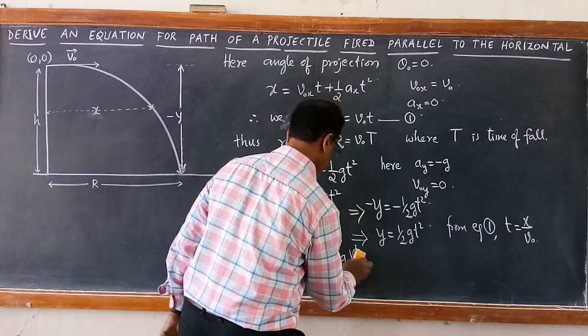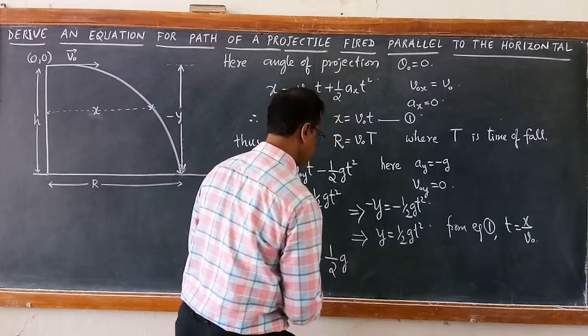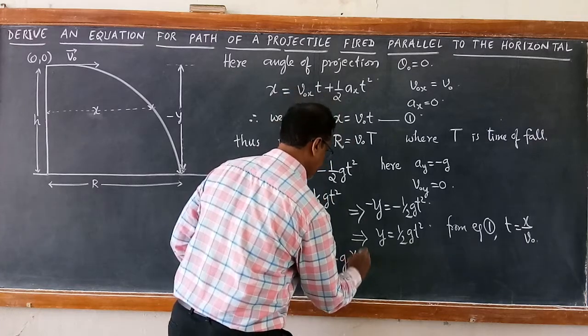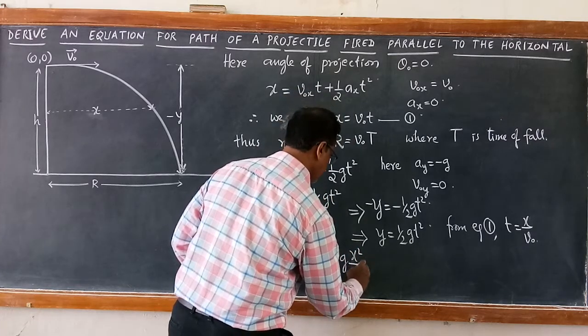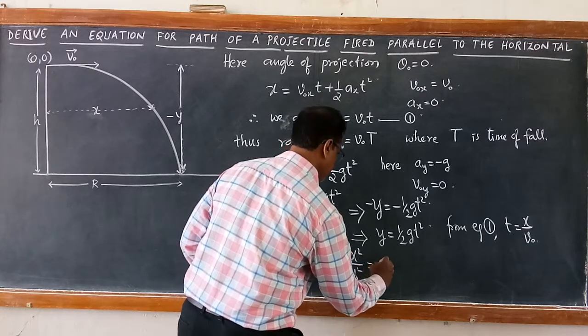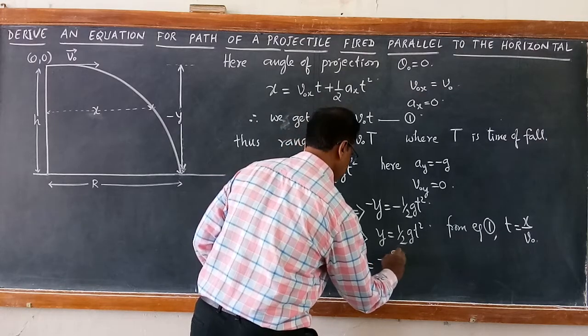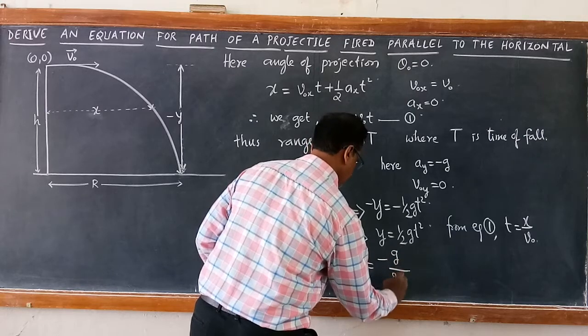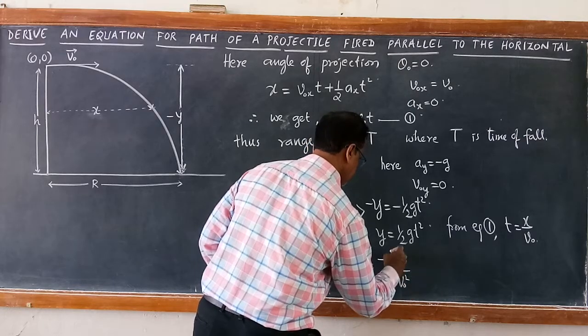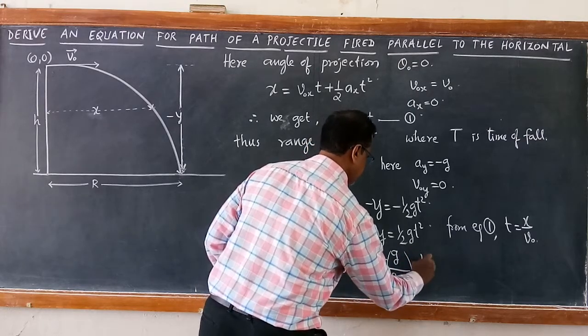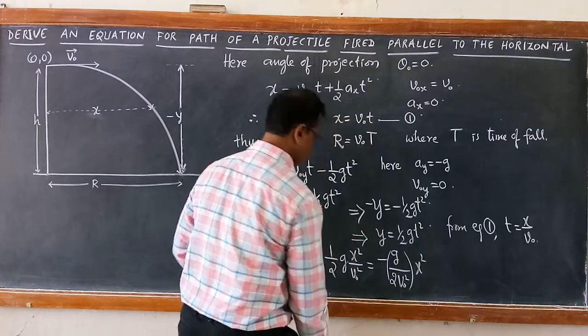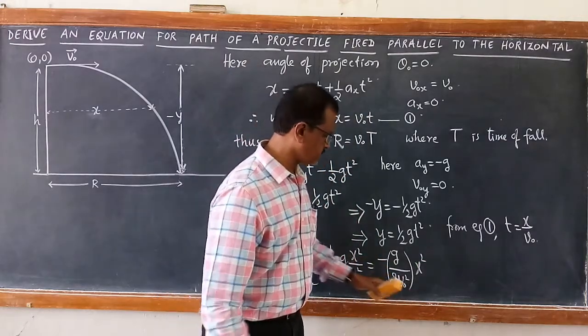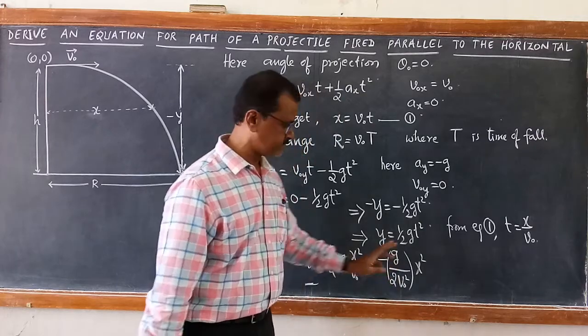So, thus we get half g into x square by v naught square. This you can write as minus g by 2 v naught square into x square. So this equation is y equals a constant times x square. See, g is acceleration due to gravity, which is constant.